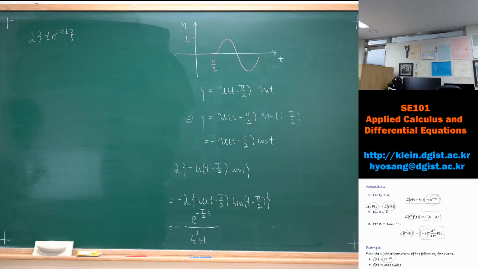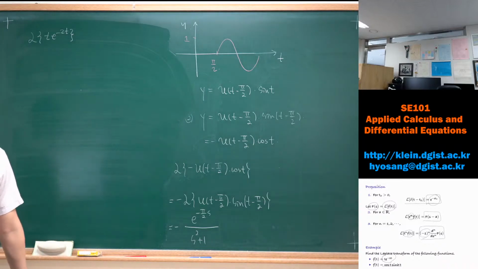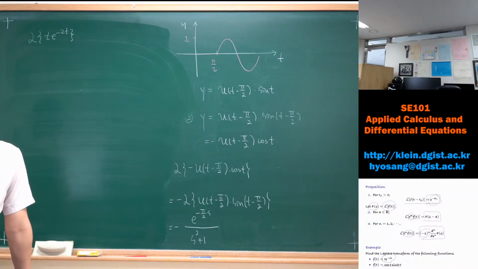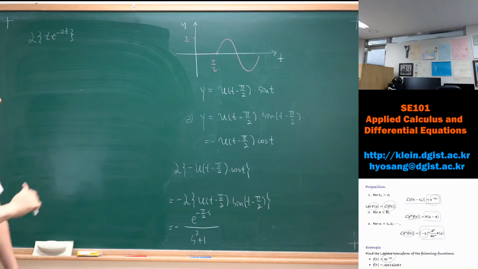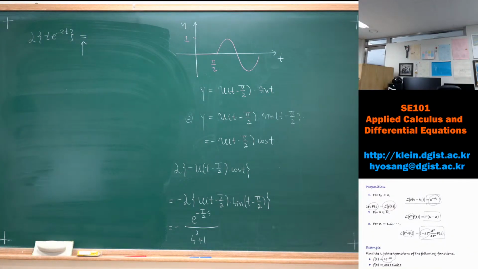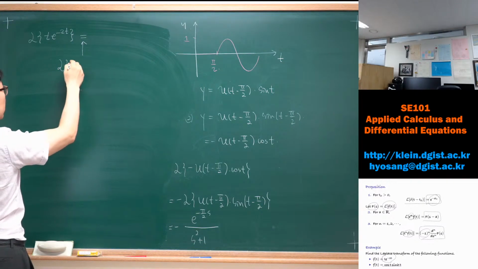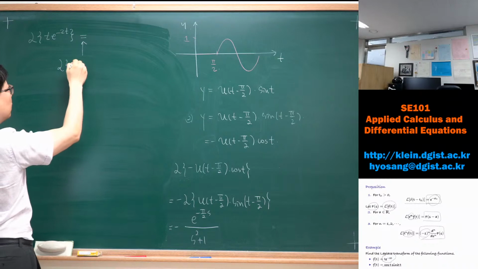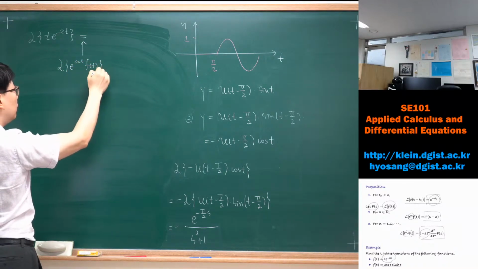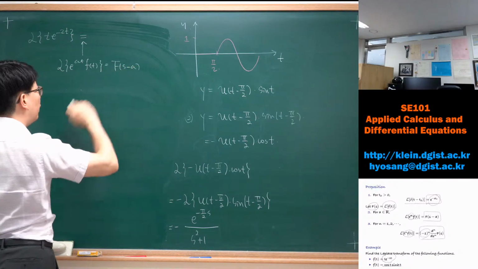There are two methods for the Laplace transform of this function. In the second statement of proposition 2, I can take e to the at times f of t equals large F of s minus a.